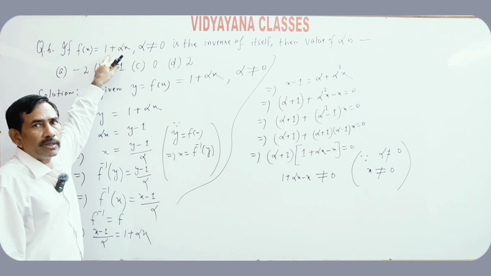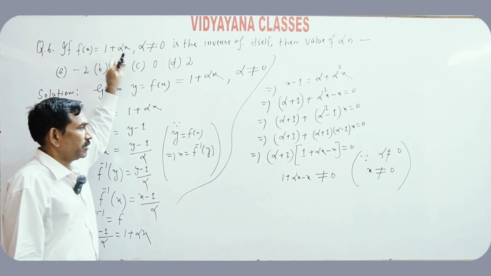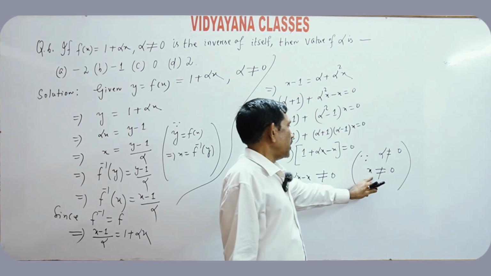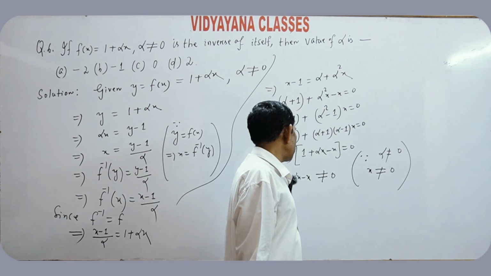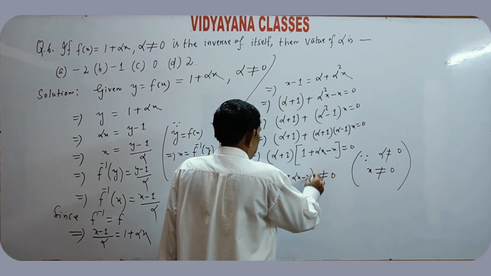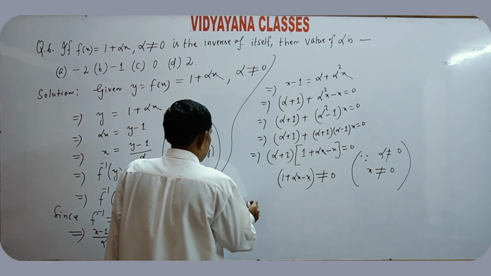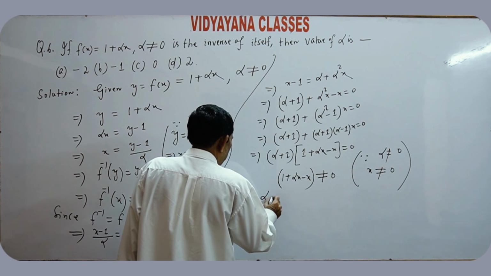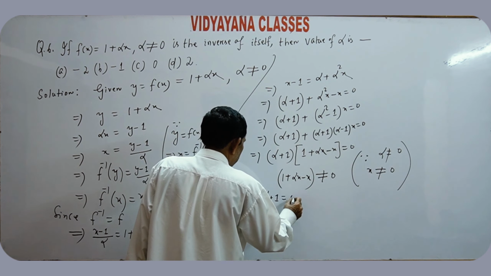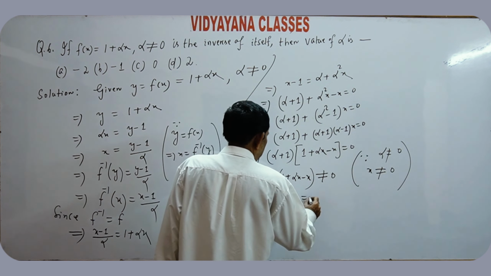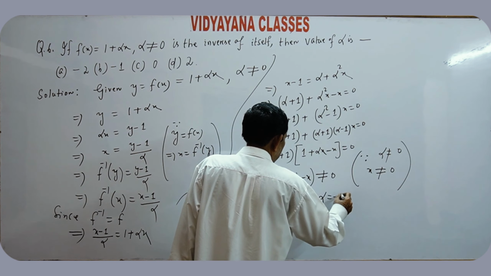The inverse of a many one function does not exist. Therefore, x not equal to 0 and alpha not equal to 0. Therefore, 1 plus alpha x minus x not equal to 0, implies alpha plus 1 is equal to 0, which implies alpha is equal to minus 1.